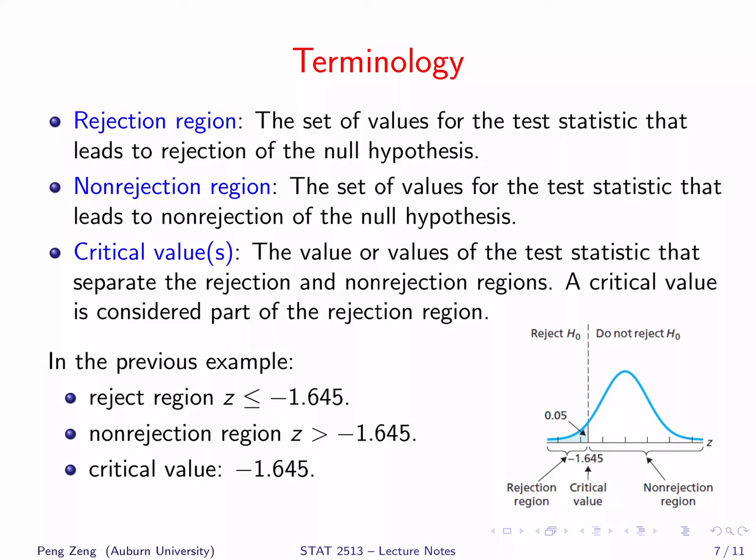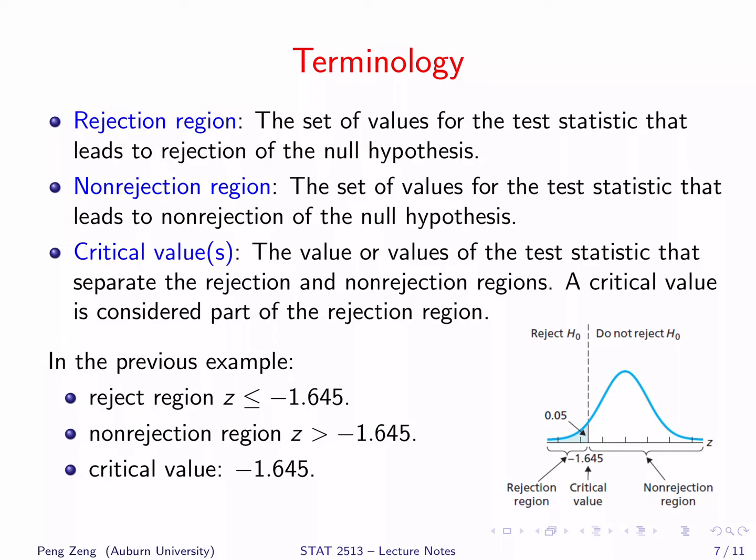The value or values of the test statistic that separate the rejection and the non-rejection region are called critical value. The critical value is included in the rejection region. In the previous example, the cutoff point, negative 1.645, is a critical value.